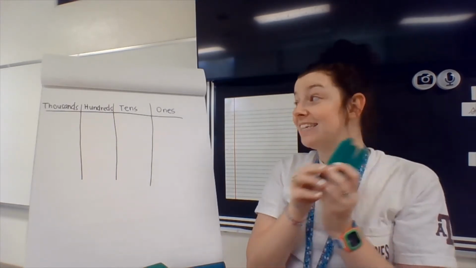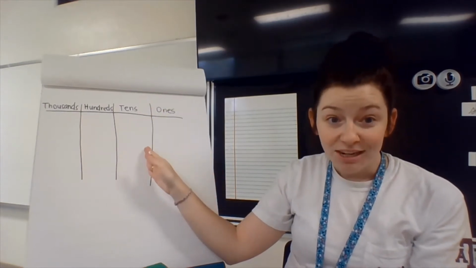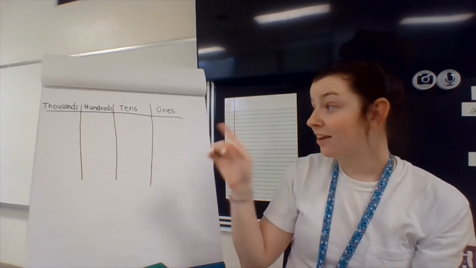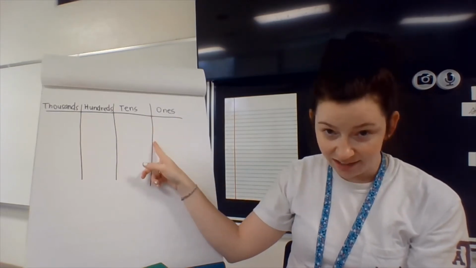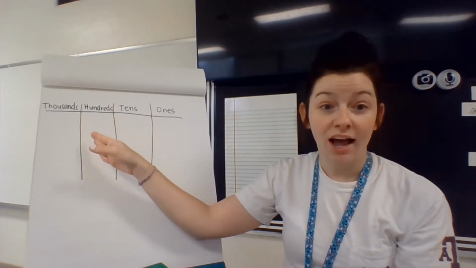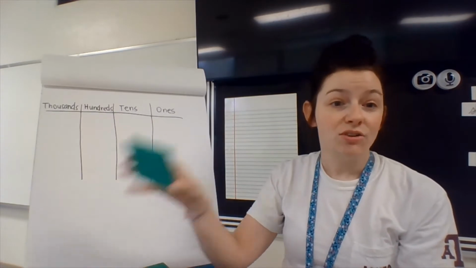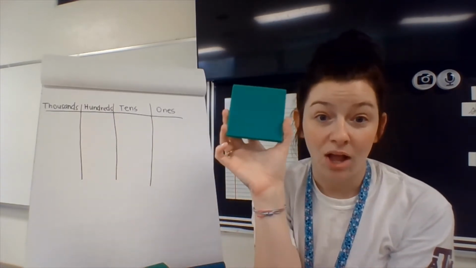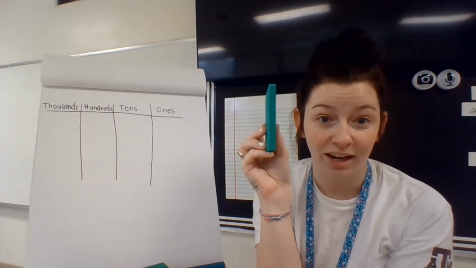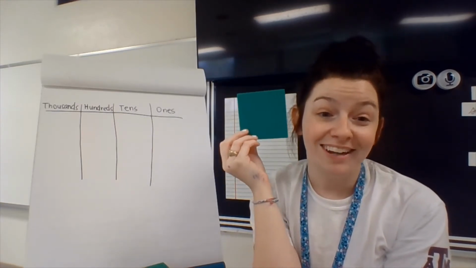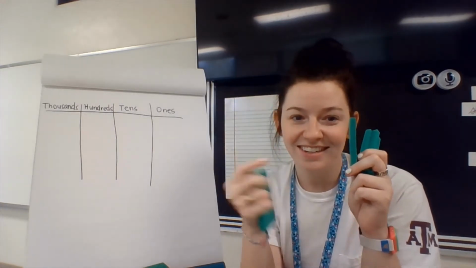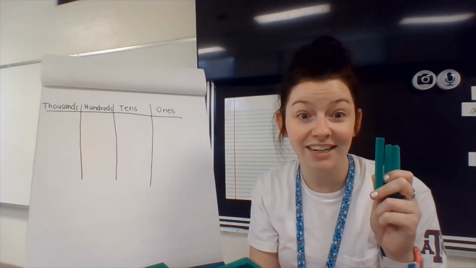Now, tens go next to our ones in the place value chart. They're the next value that we add on. So ones, tens, then we move over to hundreds. And you should have seen hundreds last year, and this block is called a flat. If you look at it, it is flat. And if you can guess, remember, these 10 sticks have 10 ones in it.